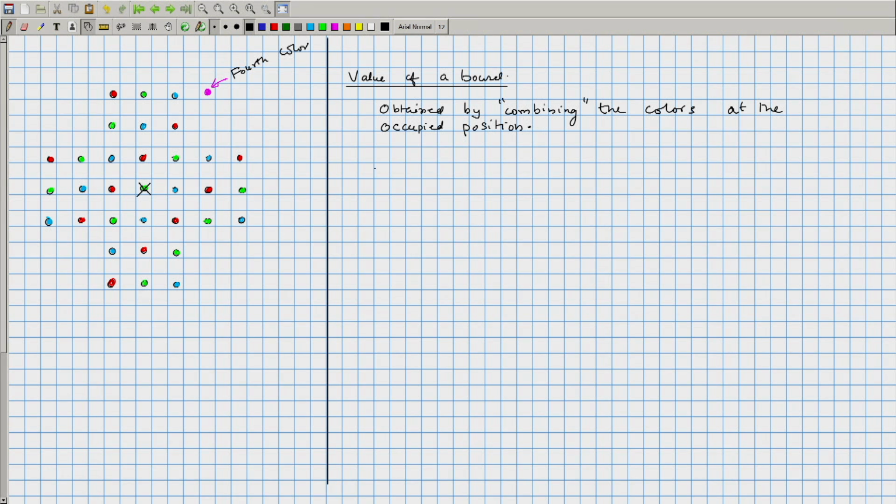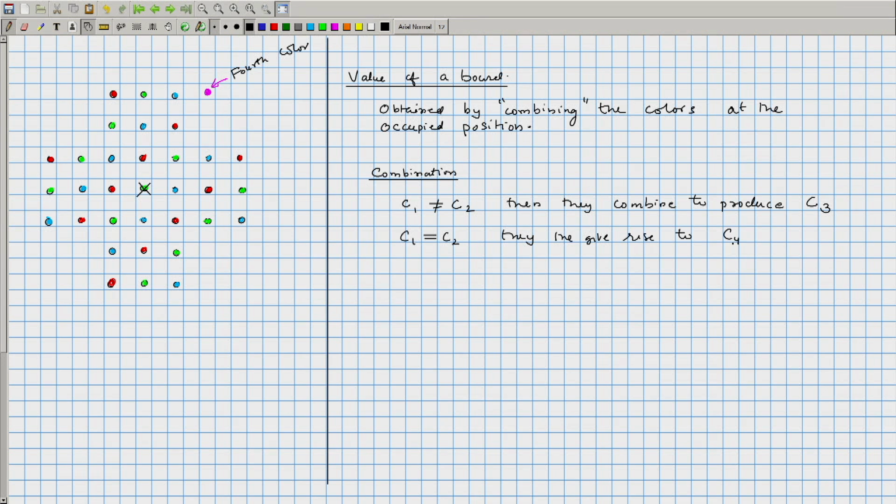Now, this combination means the following. If you think of C1 and C2 as colors, and if C1 is not equal to C2, then they combine to produce C3, and if the colors are the same, if C1 is equal to C2, then they give rise to C4.